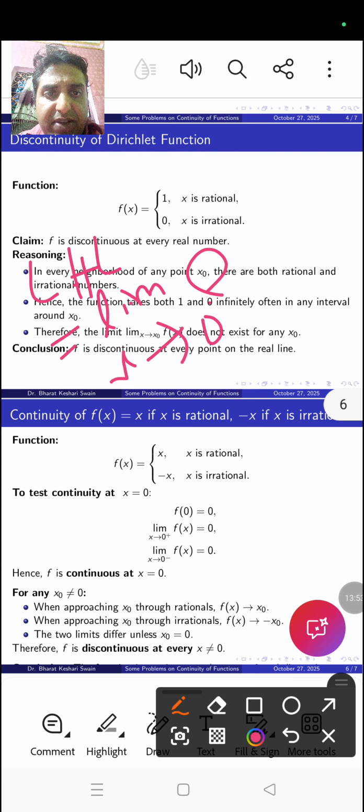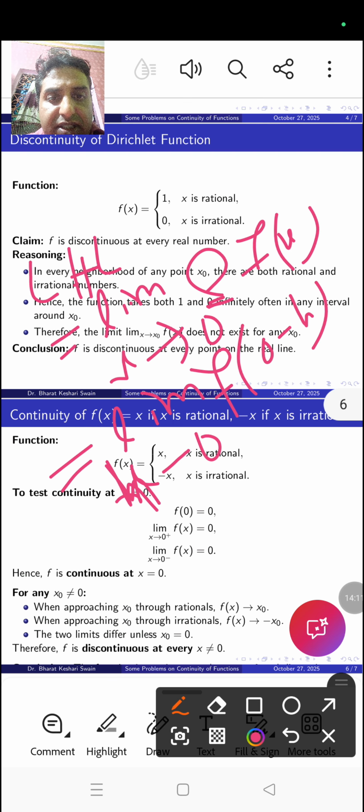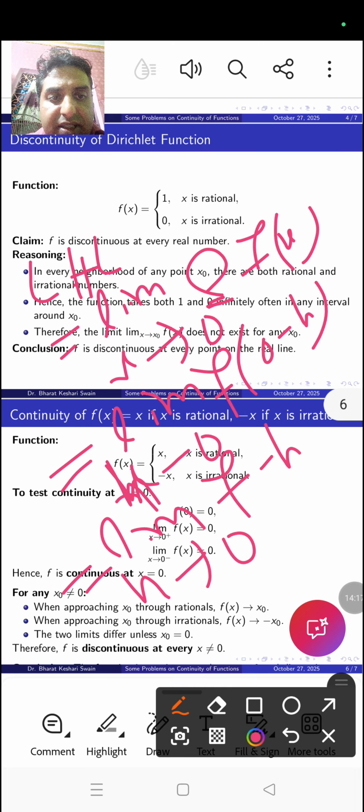So left hand limit means x tends to 0 minus of f(x). Now x tends to 0 minus means in our working formula we can write it as limit h tends to 0 of f(0 minus h), or limit h tends to 0 of f(minus h). 0 minus h means minus h, so f of minus h means this value.